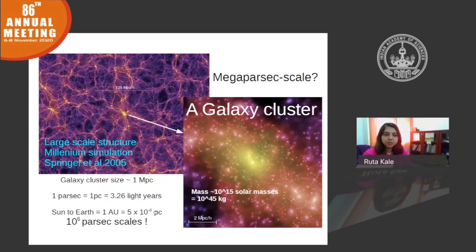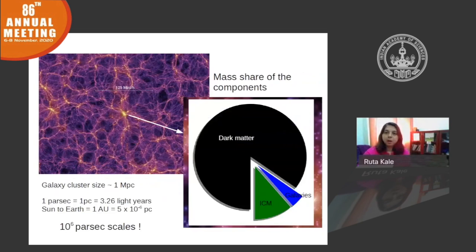A few times a microparsec is the distance from Sun to Earth, and we are talking of scales of 10 to the 6 parsec. So this is really something unique in the universe, and the properties of the plasma on these scales are certainly different, and we need new methods to study them.